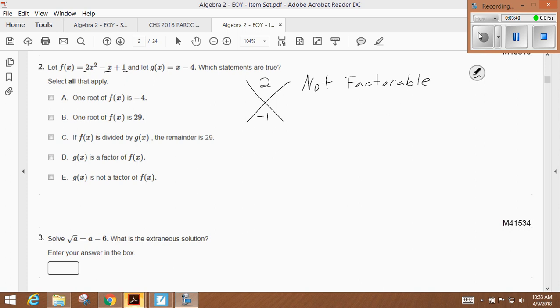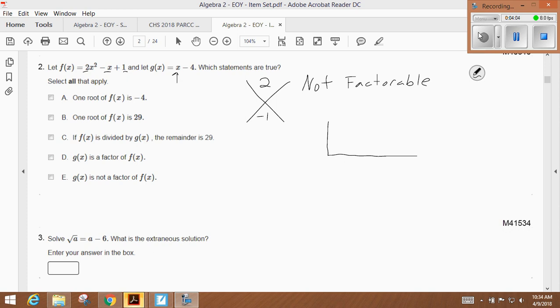So I look again at my answer set, and I see C says, if f of x is divided by g of x, that makes me think maybe I should divide, right? Maybe they're saying I should divide f of x by g of x. So let's do that. For this particular one, it looks like I can use synthetic division. Why?